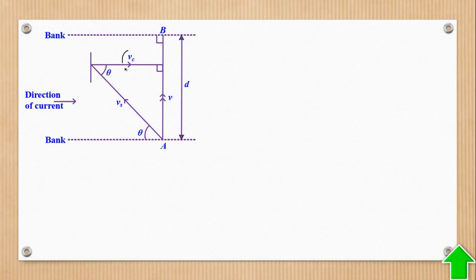So this VC is called velocity of the current or velocity of the river flow, and this one is the speed of the boat in still water, and this will be the resultant velocity. This will be the width of the river, and this will be the inclination to the bank or direction in which the boat is steered.